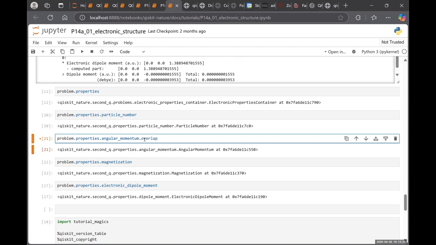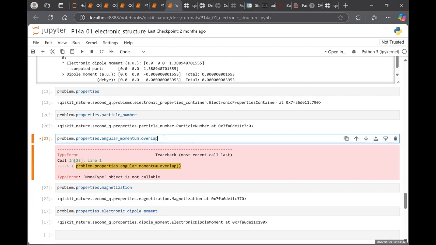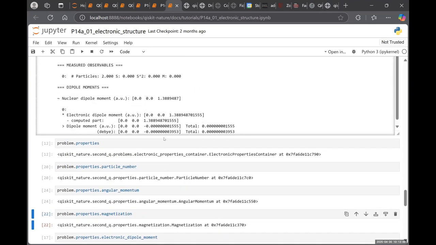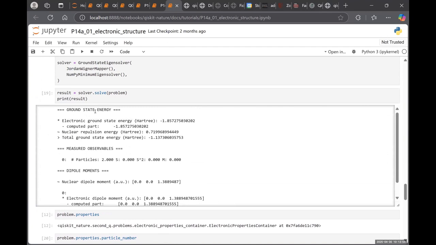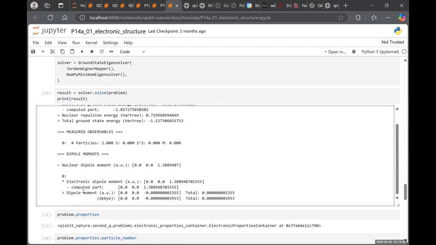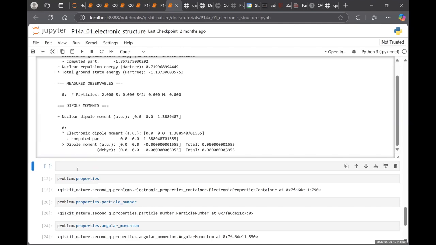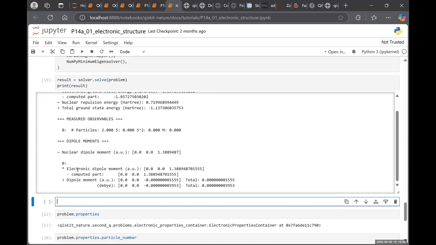Can I do this? NoneType object, not callable. Okay. But these are the information we have. Maybe see what the result is.